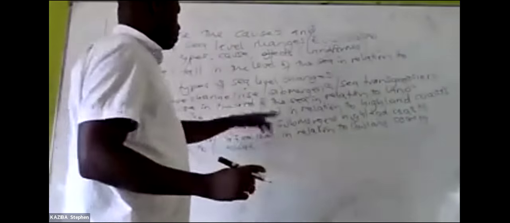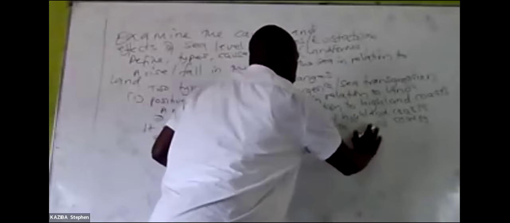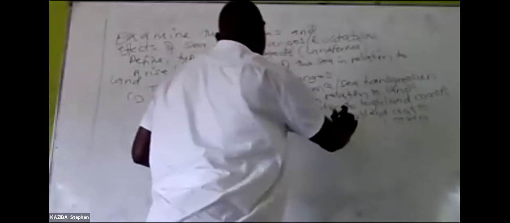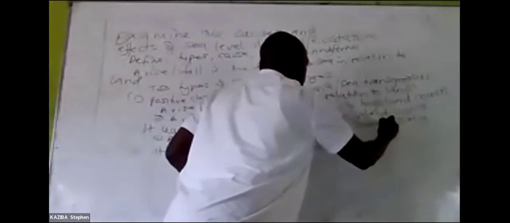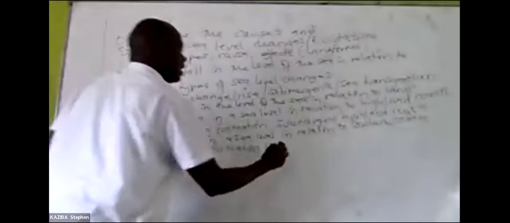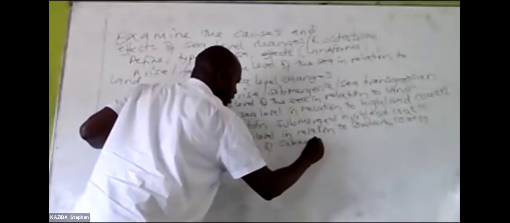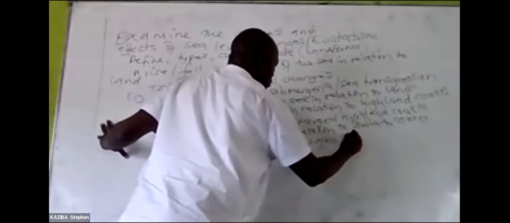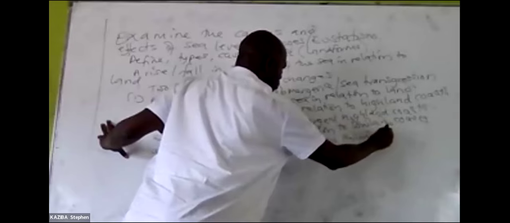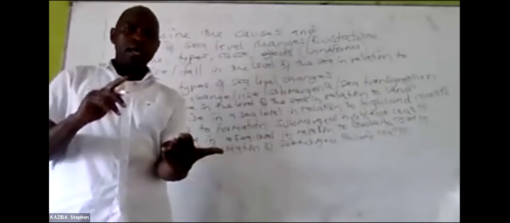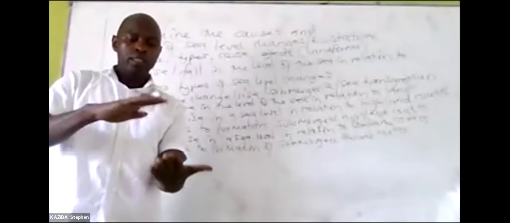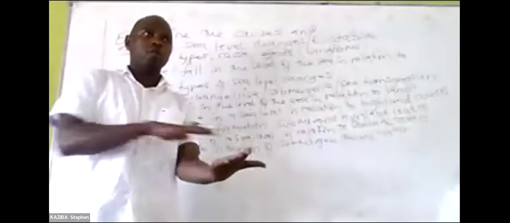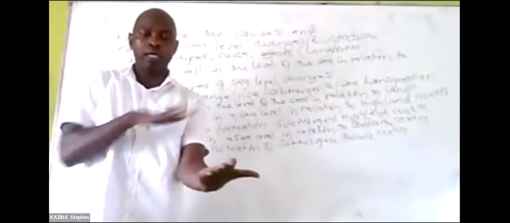This is in relation to lowland coasts. This is the formation of submerged lowland coasts. In other words, if the water level rises and the neighboring area is a highland, the coastal features around will be covered by water.